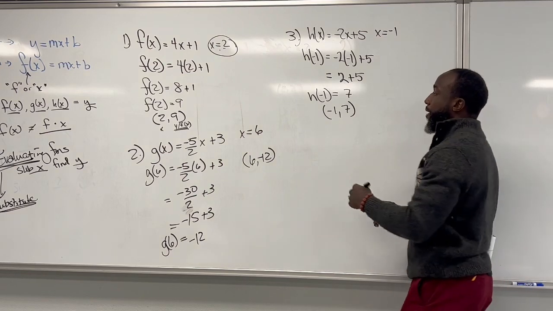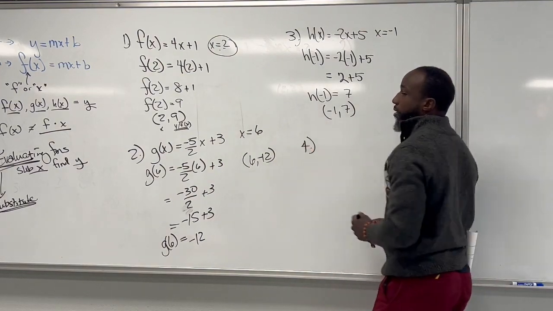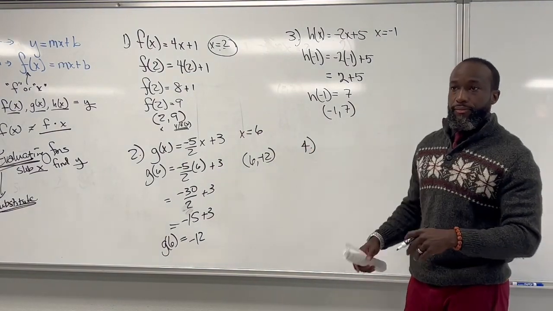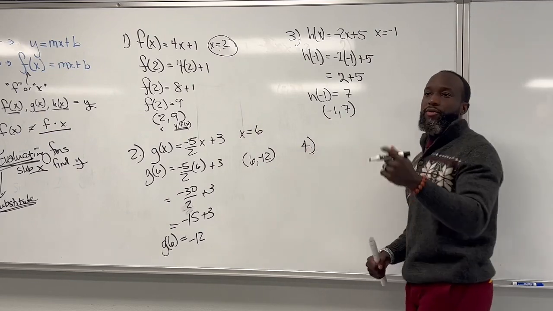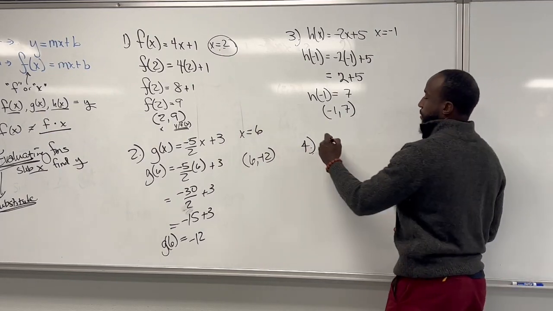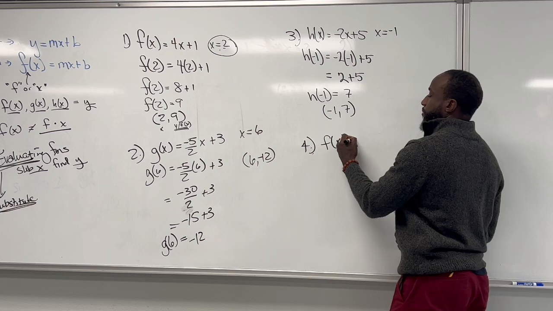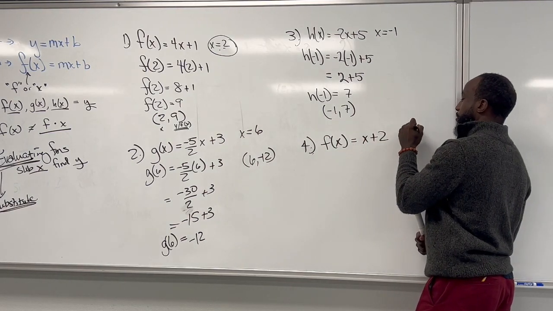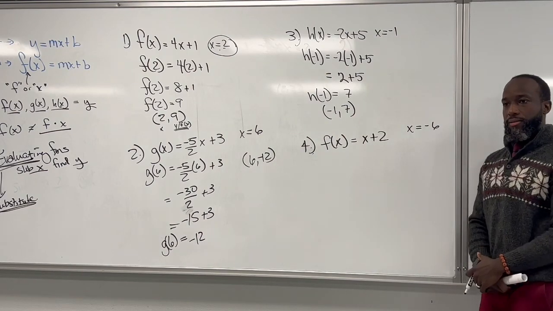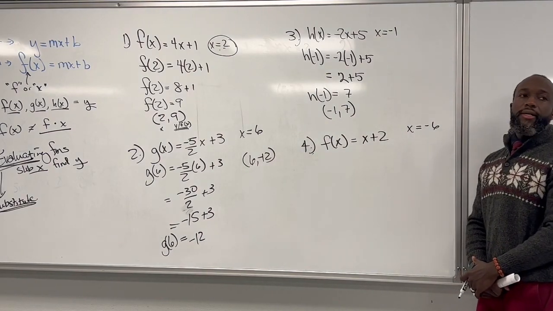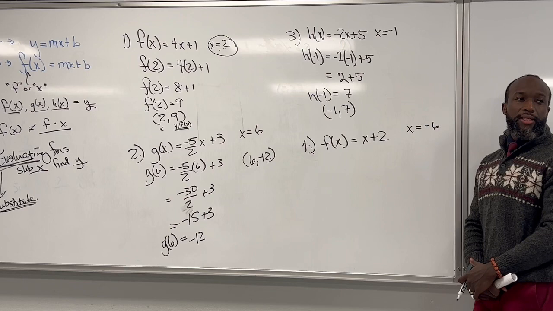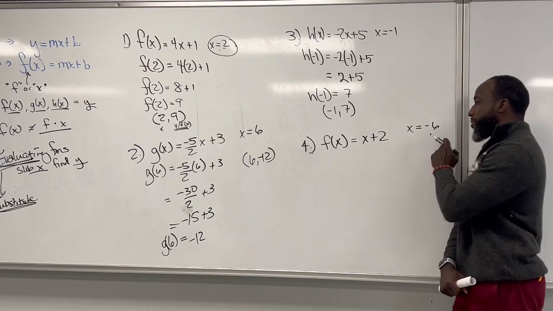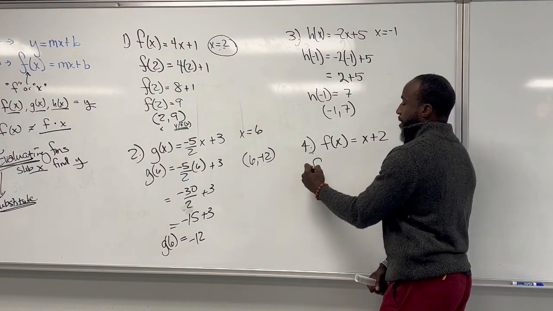Alright, let's work on number 4 right fast. Read number 4. Go ahead. F of x equals x plus 2, x equals negative 6. Okay? Very good. F of x equals x plus 2. So we substitute x in, right?